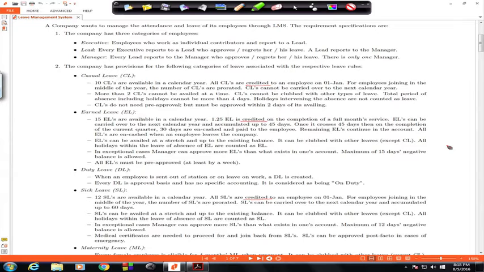But some of them may be relatively less important verbs, like here we are saying that maximum 15 days of negative balance is allowed. Though this is a verb, you will have to be careful that in the usage here, this is more a constraint than an action.